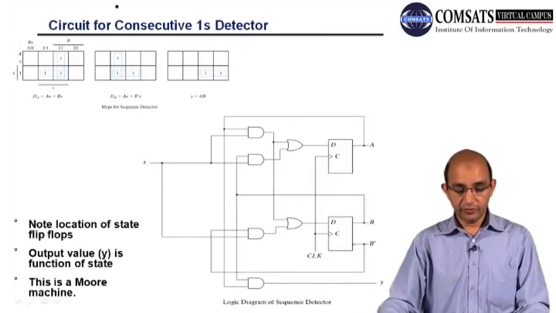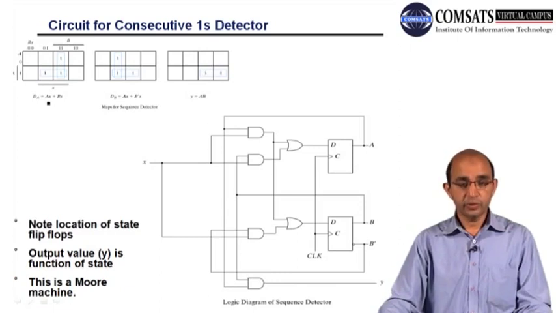Now we have the state table, and we have the simplified Boolean expression. Ultimately, what we need to do next is draw the circuitry. Here you can see that this is the Boolean expression for the combinational part, or this is the input to the flip-flop, and that is the combinational part.